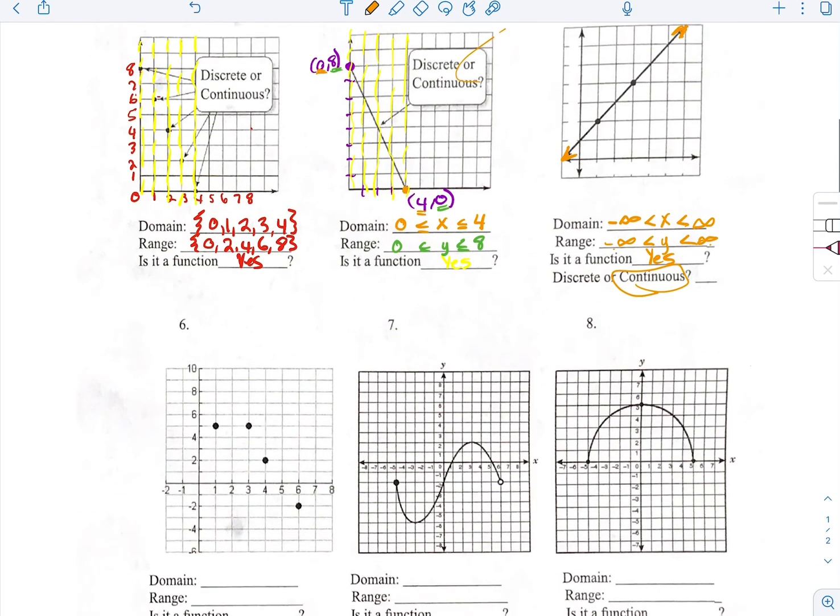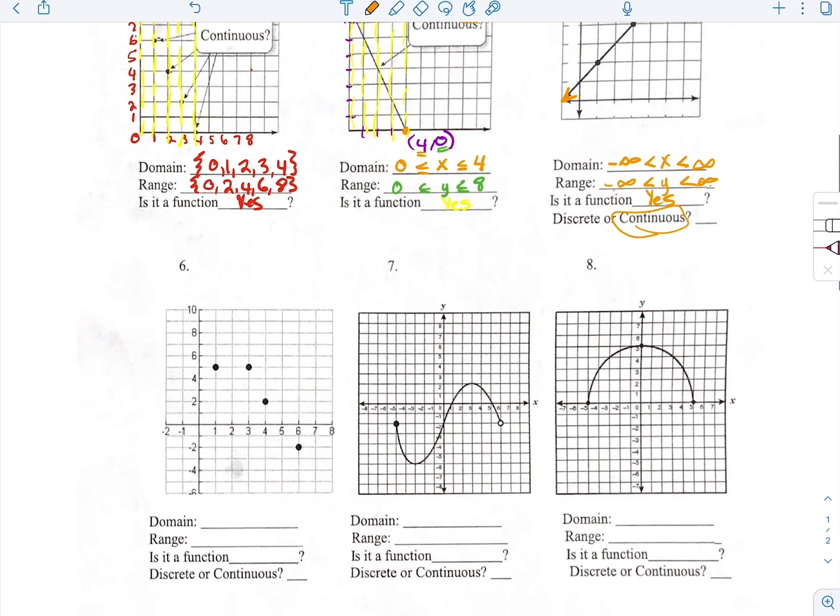So what I want you to do is take a moment to try 6 through 8, and we'll go through it in class. A hint I'm going to give you guys before is that this is an open endpoint while this is a closed endpoint. So what does that mean?